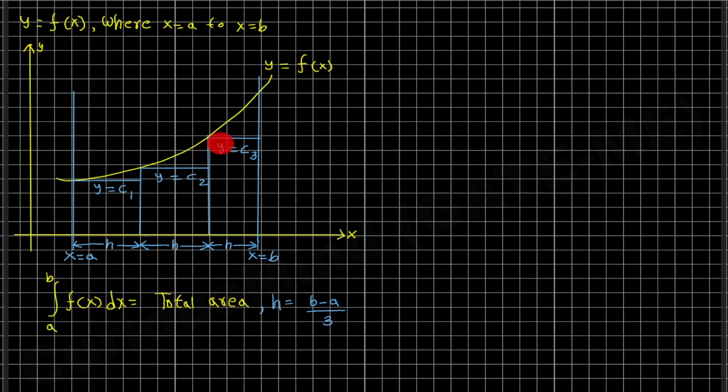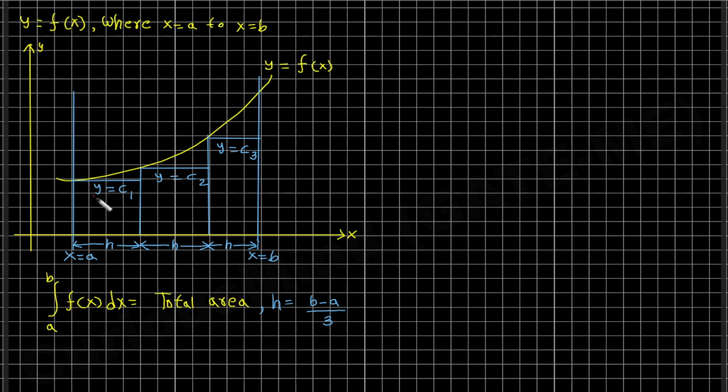Similarly, we replaced this curve for this interval with y equal to c3, where c1, c2, c3 are all constants, and the curve that is approximated is a polynomial of order 0, because we know that y equal to constant is a polynomial of order 0.